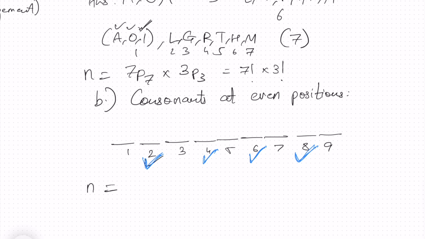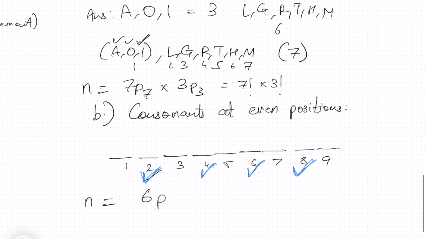So n is equal to 6, because we have 6 objects. We have 6 different consonants: L, G, R, T, H, M. And there's 4 even positions in which 6 consonants have to be placed.